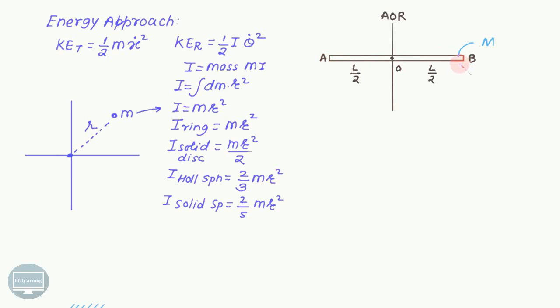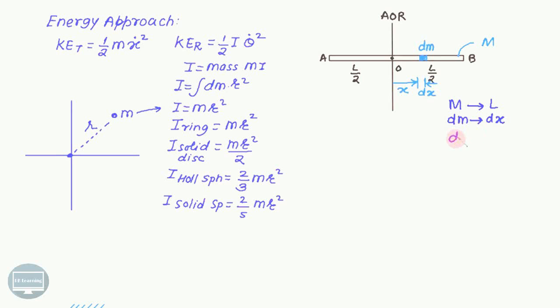The rod is uniform. Let's consider one small element of mass dm, situated at distance x, with thickness dx. So mass M is distributed over length L, and dm mass is distributed over dx.